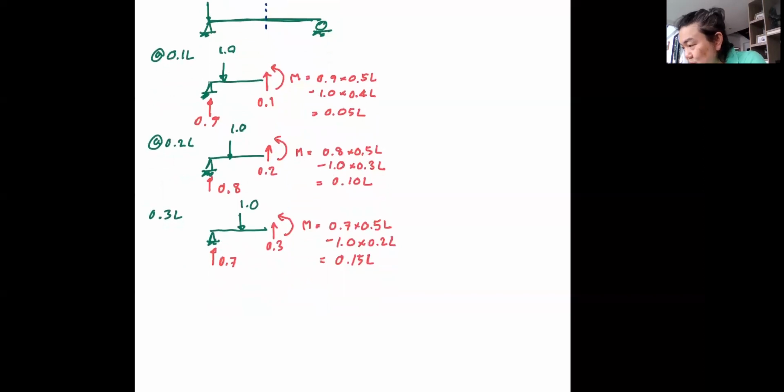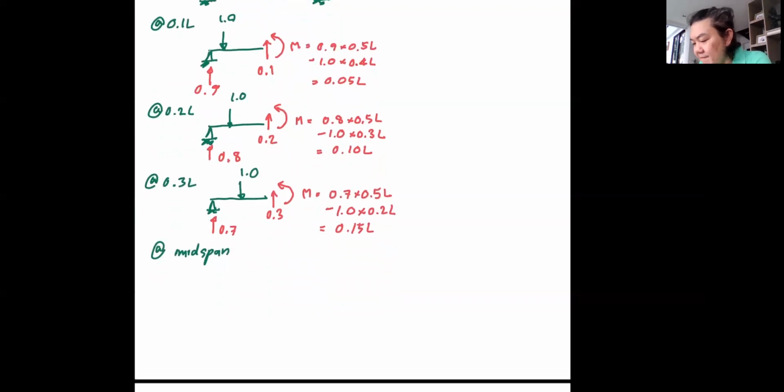Excuse me. Looks good. Let's move this a little bit and write the at symbol. At midspan. Okay.